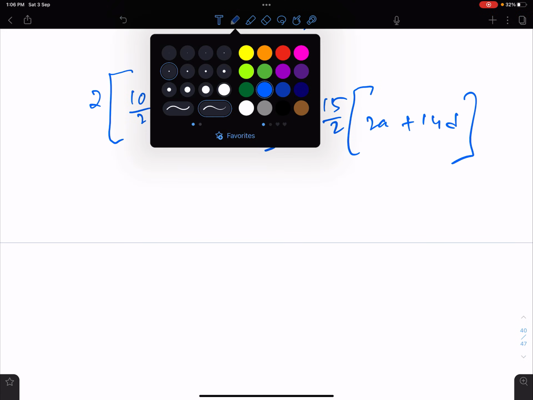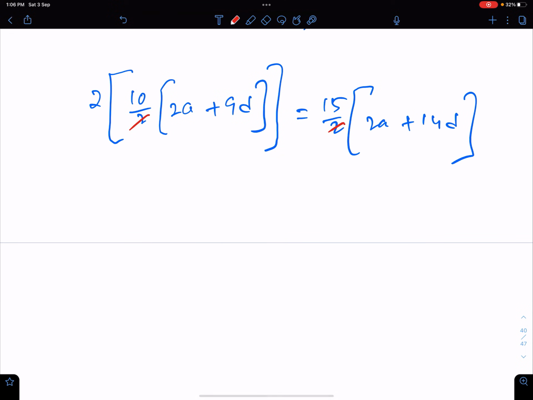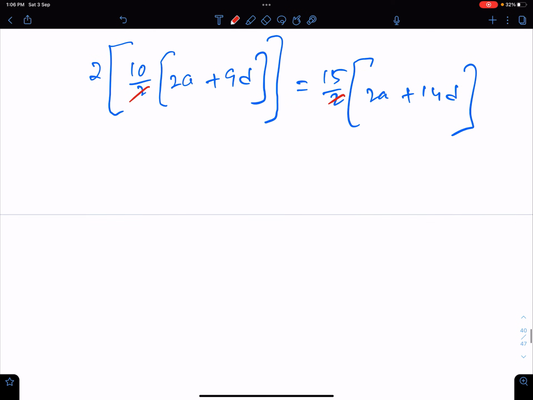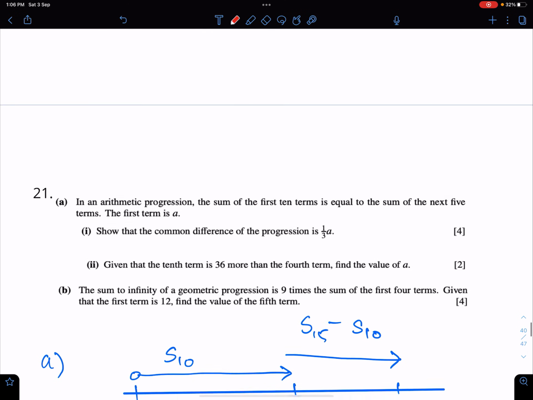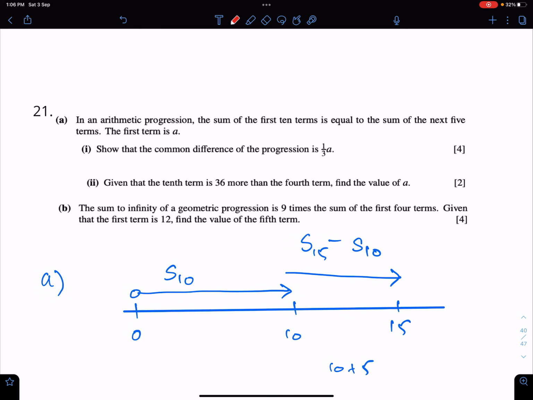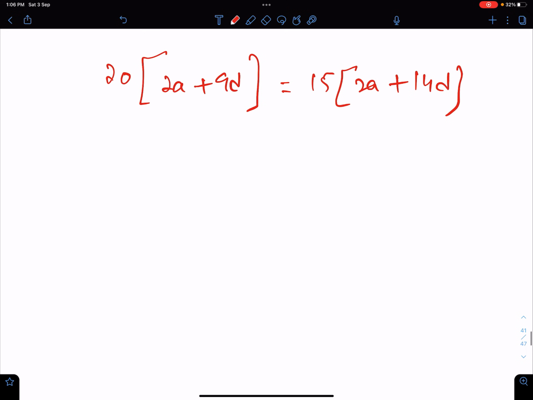Now we can cancel these two 2's. So we have 20 times (2A plus 9D) and 15 times (2A plus 14D). We have to show the common difference. When we solve this, we'll get D equals A upon 3. And this is what we had to show.